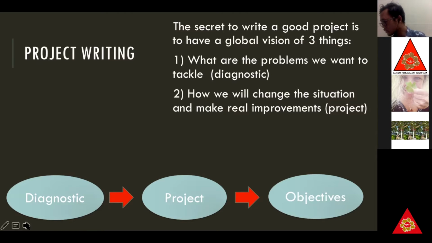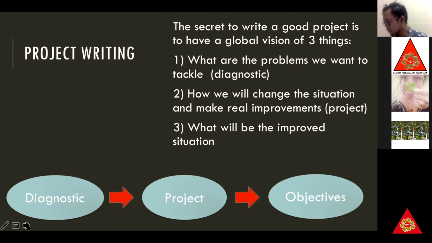So the second thing you have to look is how we will change the situation and make real improvements. So this is the core part of the project, is you have a proposal that you can change and make real improvements. So you must have an idea of what you will do.